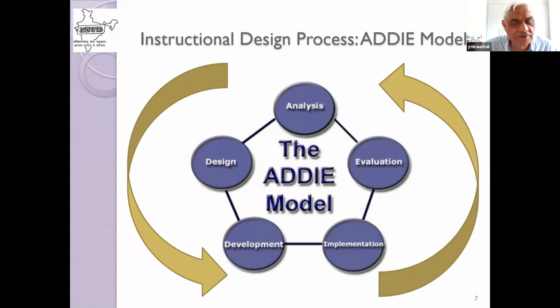Then the design part, then the development of the module or training. Implementation essentially means delivering the training. And evaluation is to assess whether the program was successful, whether it has made an impact or not.